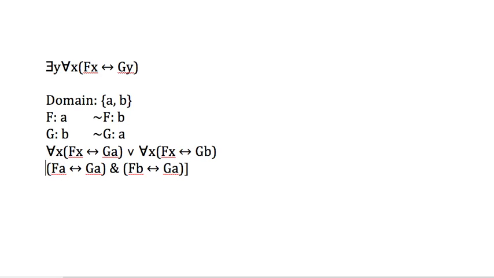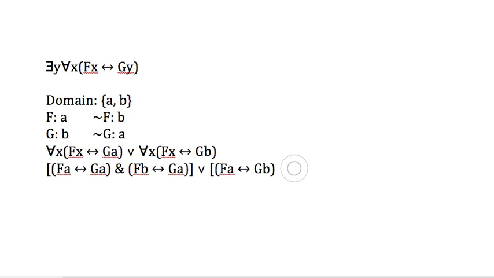What about our second disjunct? It's going to be very similar, as you can see. For this to be true is for every object X in the domain to fit this description. That is to say, A must fit this description and B must fit this description.